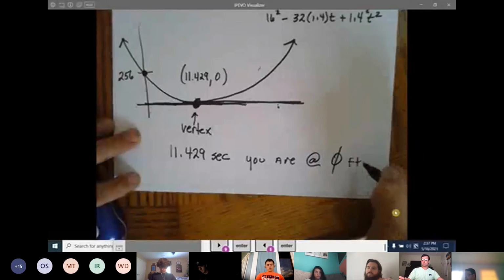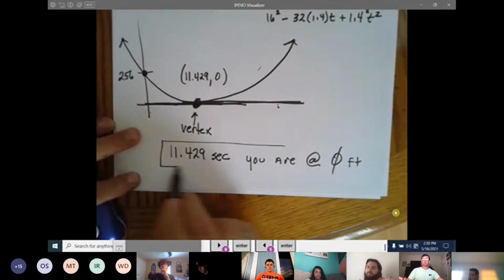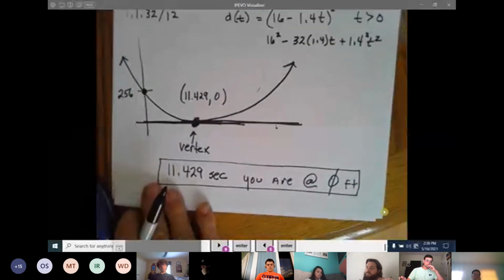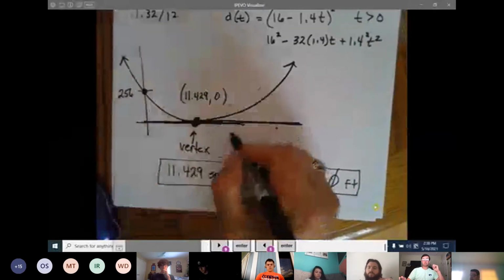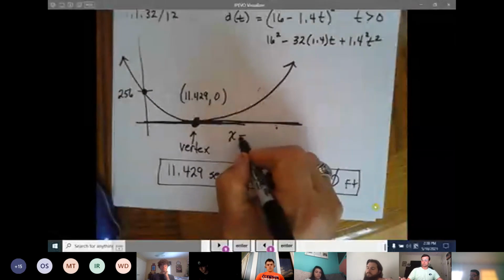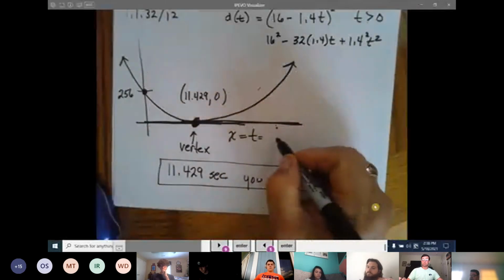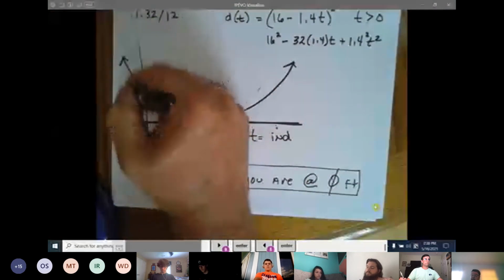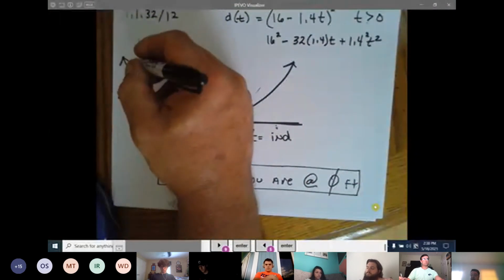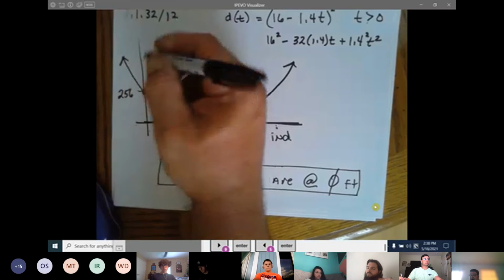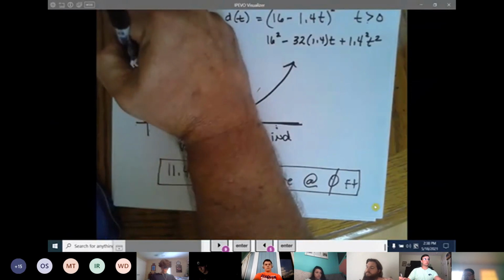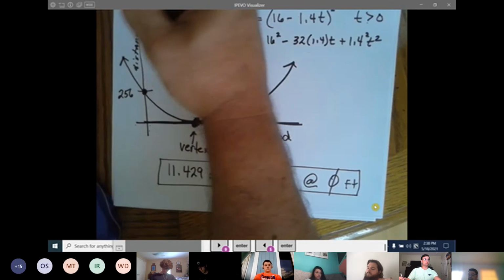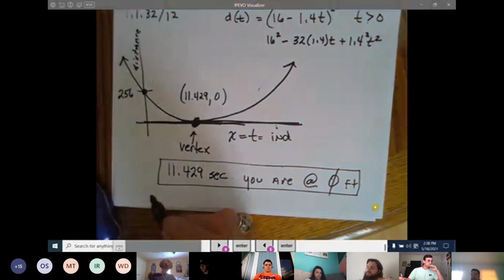Feet of liquid in the cylinder tank. Because your X values, which is equal to T, is your independent variable. And this right here is your distance or length or whatever you want to call it. I don't care what you call it. Distance. That's your dependent variable.